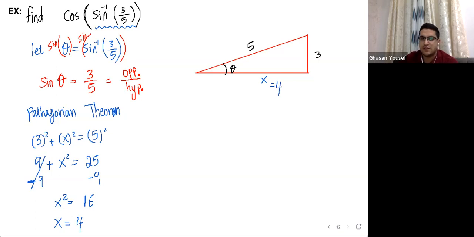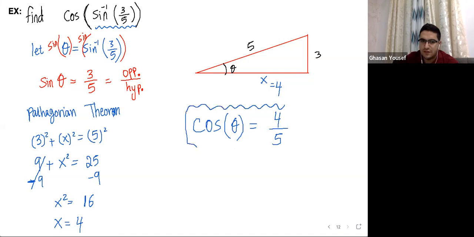Now it's easy to find the cosine of this angle. What's the cosine of this angle? The cosine of this angle is the same as the cosine of the sine inverse of 3 over 5. The cosine is 4 over 5, exactly. Adjacent over the hypotenuse is 4 over 5, and this is my answer for this example.